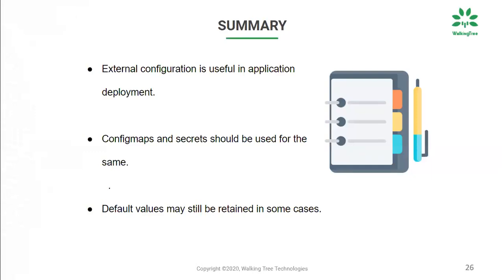So that centrality of configuration is lost when you don't do external configuration. Of course, in that case, you have to redeploy your application every time with the updated values. The bigger your application is, the more services you are running, the more environments you are catering to, the harder it becomes. So external configuration takes care of that.